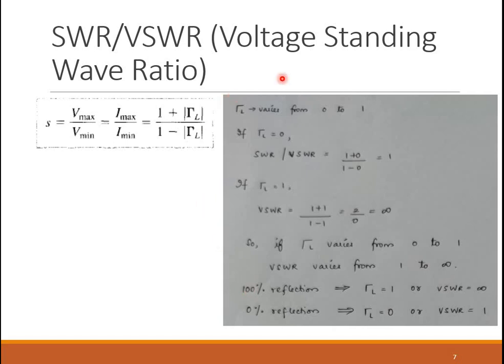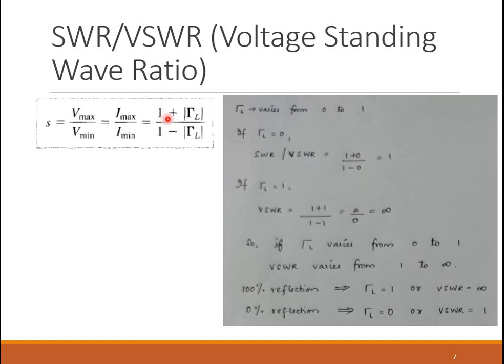The next important term is the standing wave ratio, specifically the voltage standing wave ratio. For standing wave ratio, we have the voltage standing wave ratio, abbreviated as VSWR, and there is also the current standing wave ratio, ISWR. In general, the standing wave ratio is denoted with a small s. It can be considered to be the ratio of Vmax to Vmin or Imax to Imin.